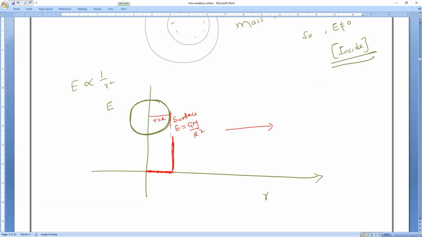E is equal to GM divided by R square, so if R keeps on increasing, E value keeps on decreasing. Understand? That is the graph. This is inside, any doubt you can ask me. This is at the surface and this is the outside. Hollow sphere, so please learn it.